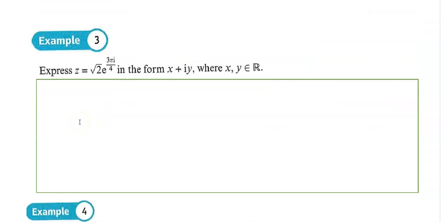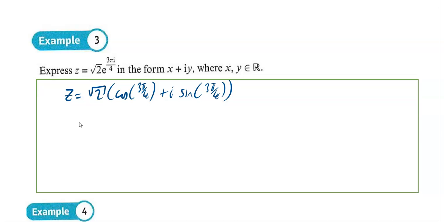Okay, example 3. More of the same: express z is equal to root 2 e to the 3 pi i over 4 in the form x plus i y. So very easy to do. What I would do here is convert it back to the form r times cos of 3 pi over 4 plus i times sine of 3 pi over 4, which means z is equal to root 2, and if you do cos of 3 pi over 4, this really is just a calculator exercise.